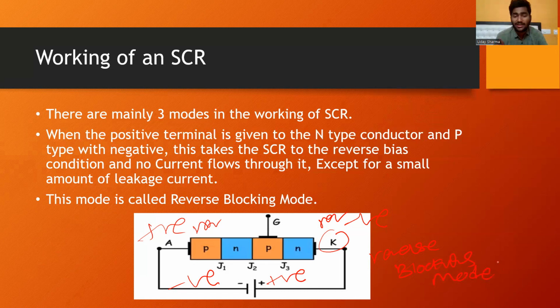But there is a small leakage current as a very small depletion layer forms between these layers. A small amount of current flows through this circuit. This is also called reverse leakage current.